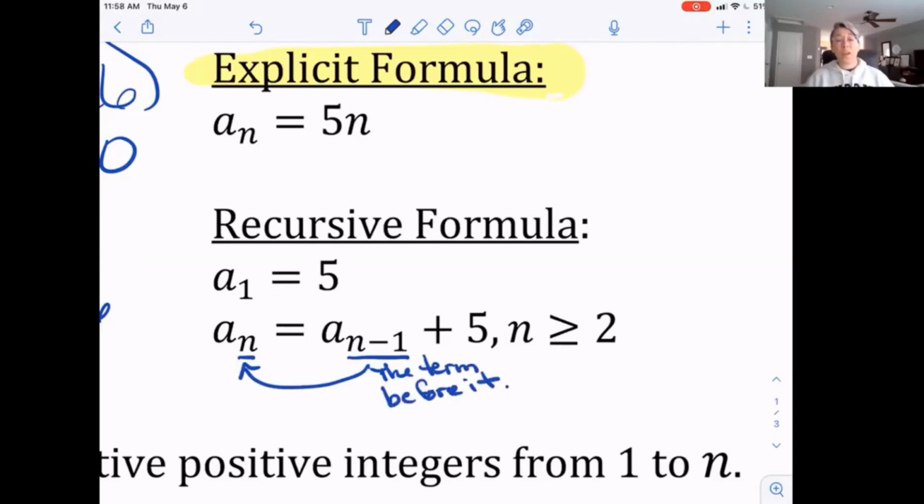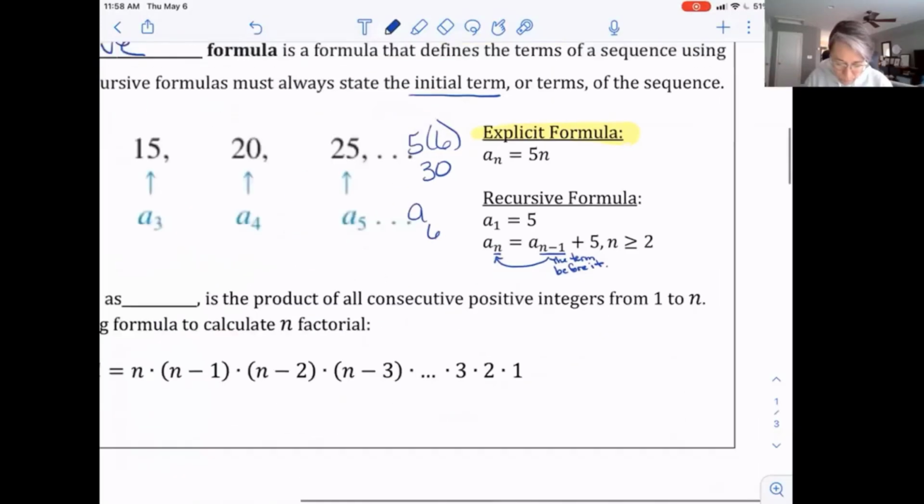So if the 6th term is 30, then I would add 5 to it to get the 7th term, that would be 35. The recursive formula has to give you at least the first term, but I can't go directly to the 100th term. I would have to find 1, then 2, all the way up to 99 in order to find the 100th.